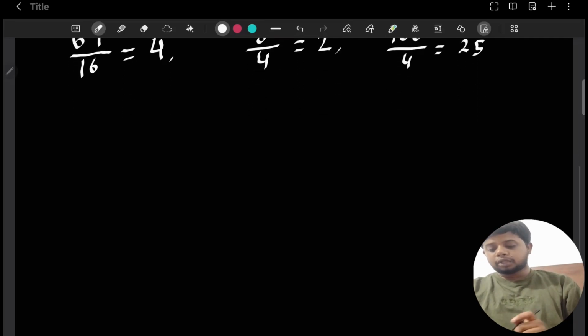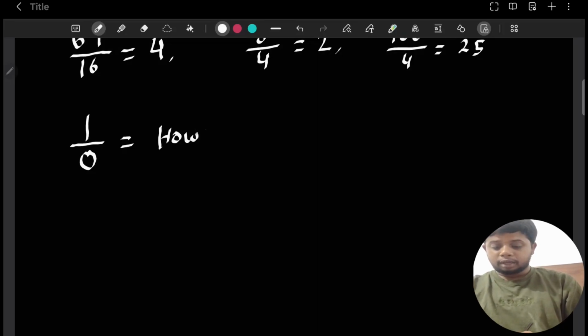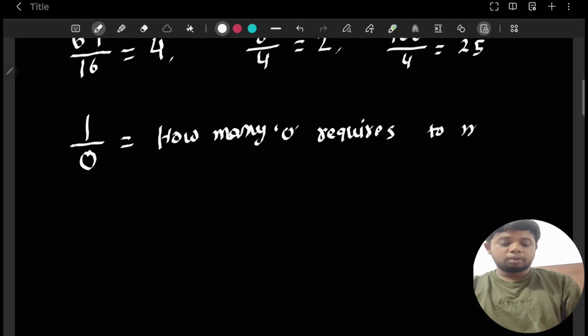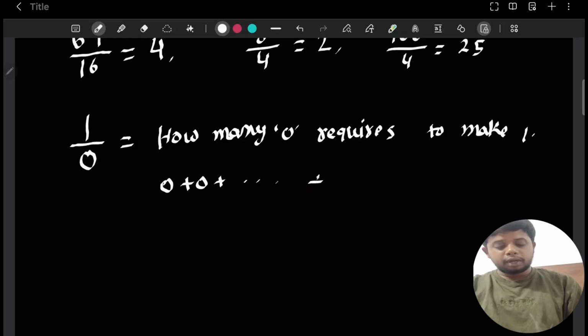So if you understood this, now tell me what is the answer of 1 by 0. If you ask the same question, how many 0s are required to make 1? If you add 0 a hundred times, or a thousand times, or 1 crore times, you will never get 1.